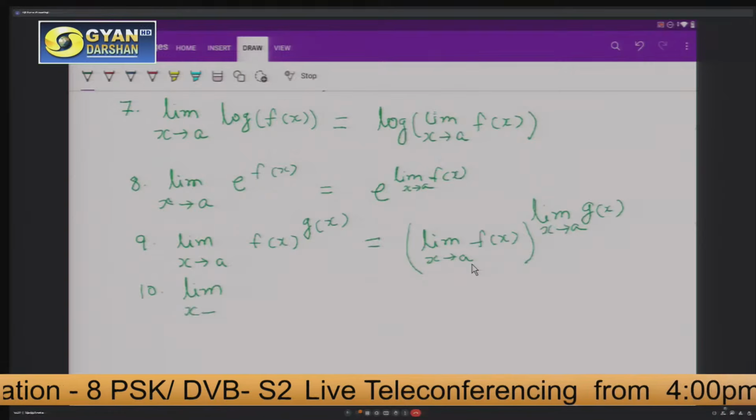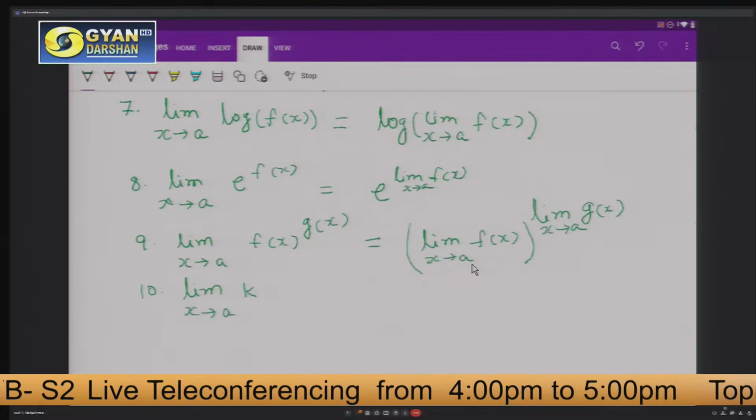Suppose there is a multiplication by a constant k.